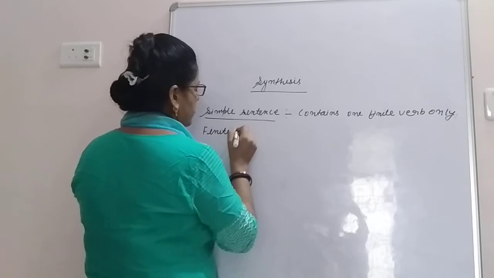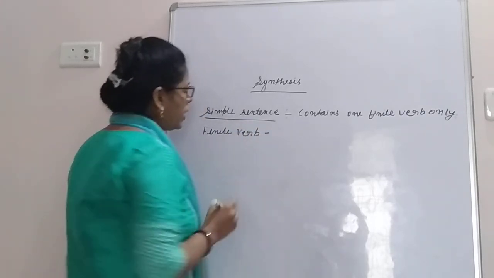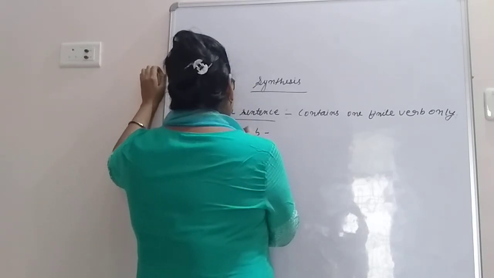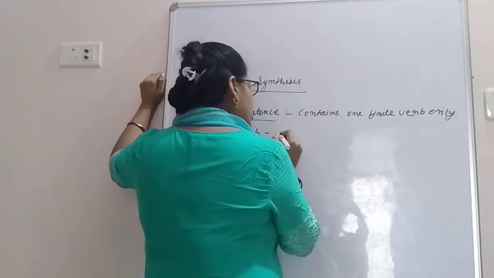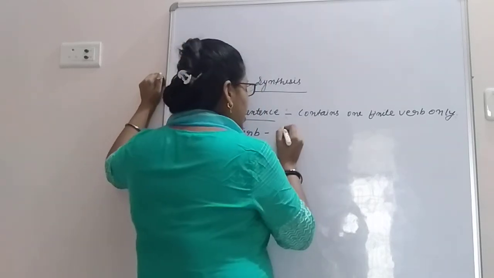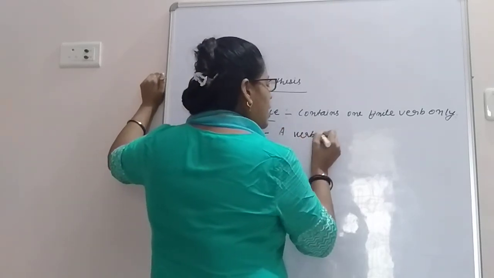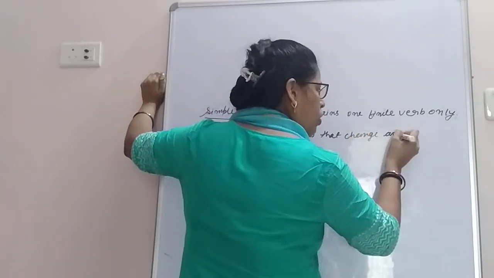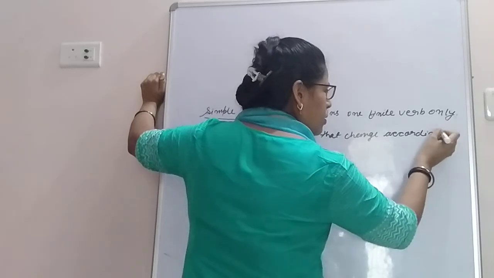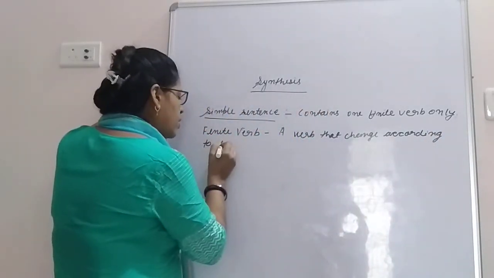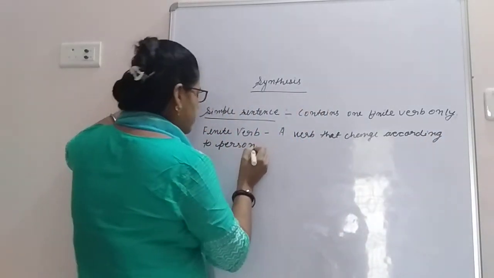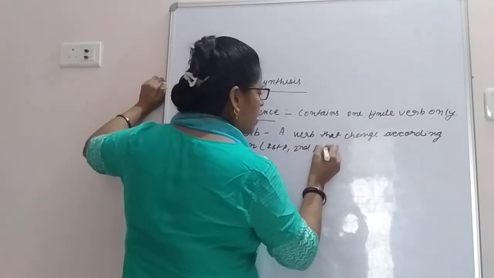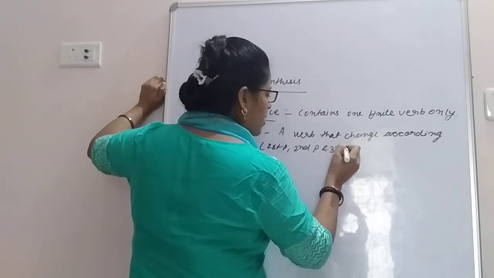Finite verb. Okay. So, here finite verb is a kind of verb, or we can say a verb that changes according to person, that is first person, second person, and third person.